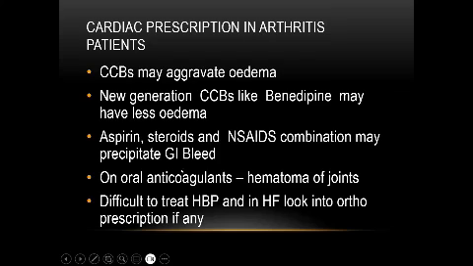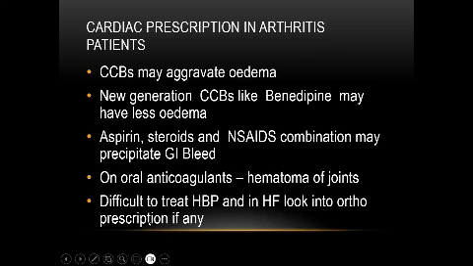Whenever the patient is on oral anticoagulants, a small injury to the joint can produce significant hematoma. So you have to advise the patient regarding a very careful lifestyle to avoid injuries.